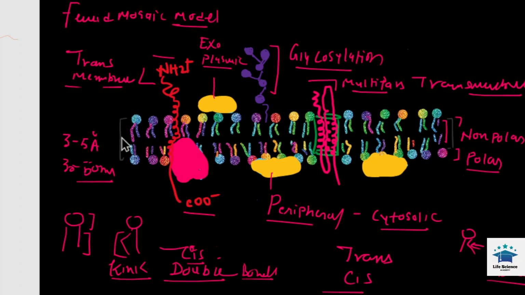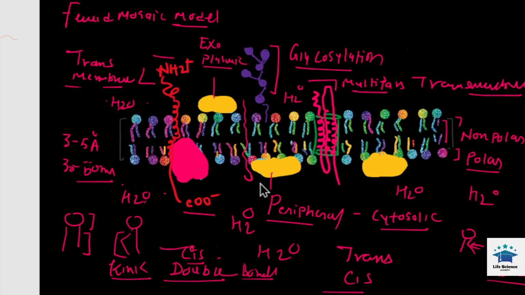Here there is also the presence of water, and in the surroundings there will be lots of water. But why is water not easily crossing the plasma membrane?